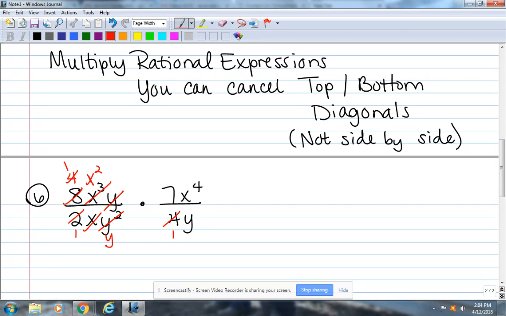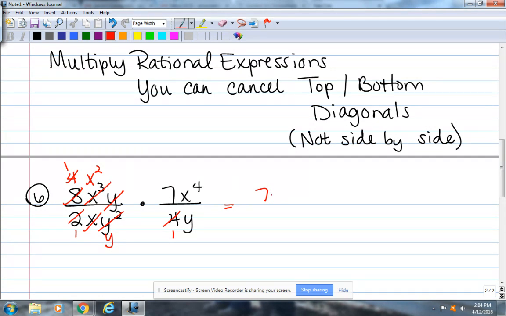So after you're done canceling everything, top and bottom and diagonally, you multiply what's left across. For my numbers, I have 1 times 7. That equals what? 7. X squared times x to the 4th. When we multiply with the same base, we do what to the exponents? Add them.